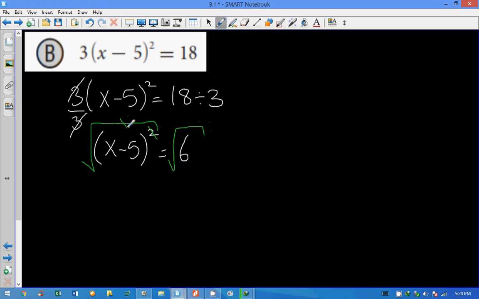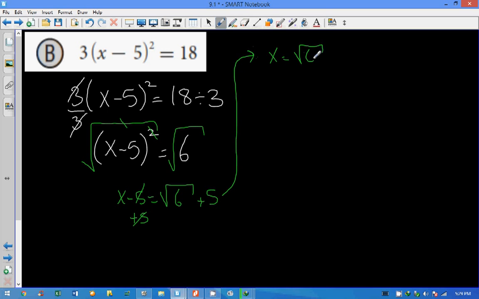The square and root cancel each other out. x minus 5 is equal to root 6. Then plus 5 and plus 5, and x will be equal to root 6 plus 5.